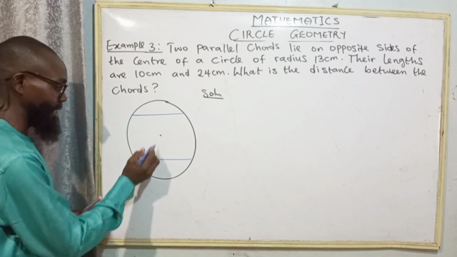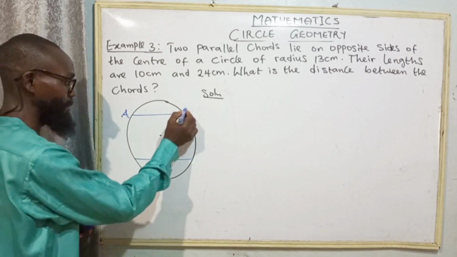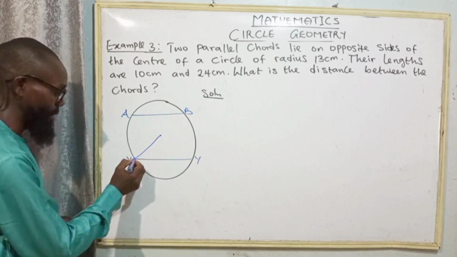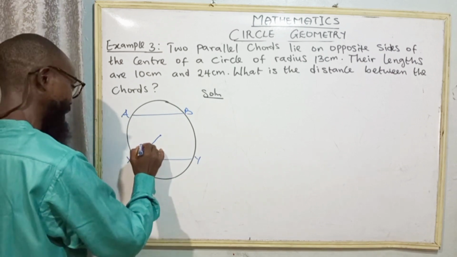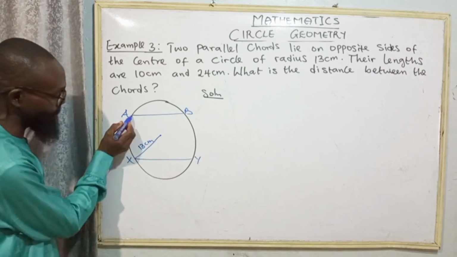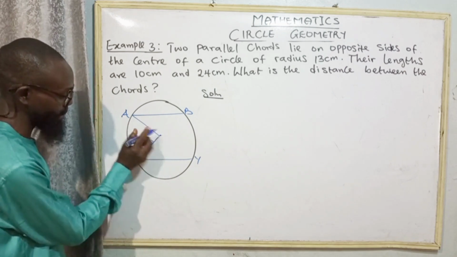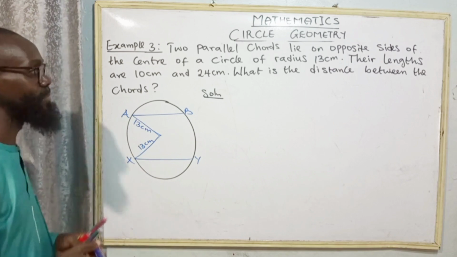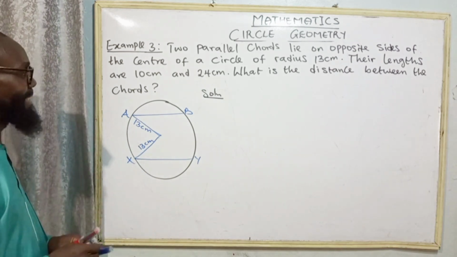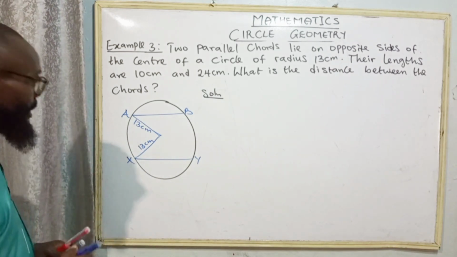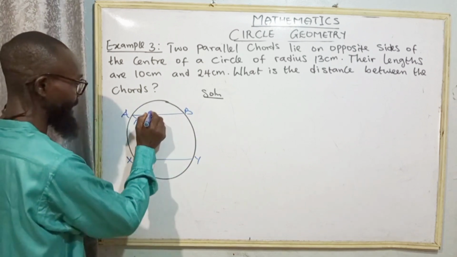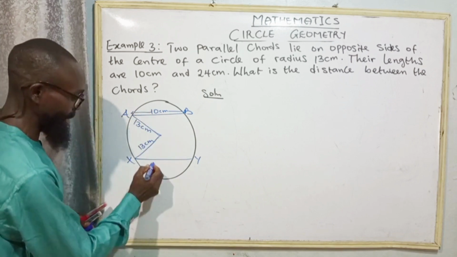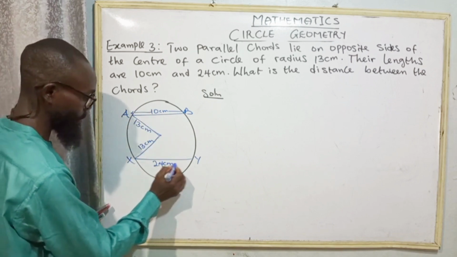Let's say we have A here, B, X, and Y. The distance from the center to this point, we're told, is 13 centimeter. Their lengths are 10 centimeter and 24 centimeter. The length here is 10 centimeter, while the length here is 24 centimeter.